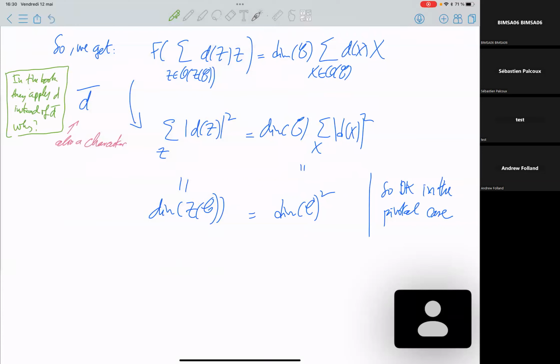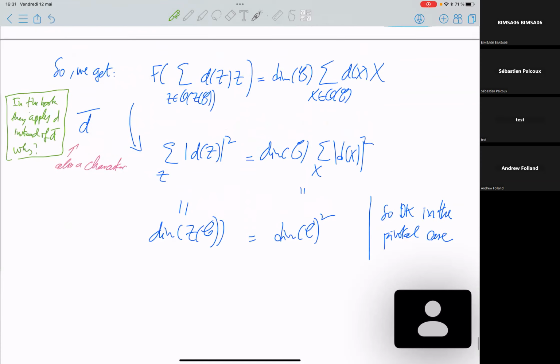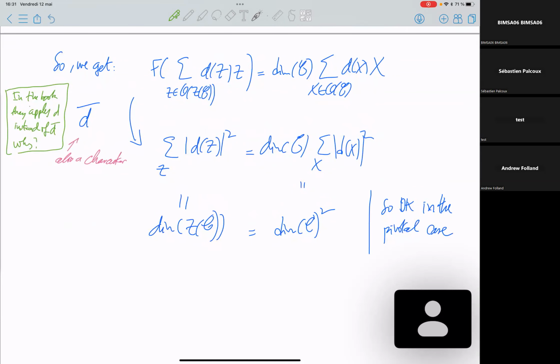Why? Because it's not spherical. If it is spherical, you can apply D because the dimension is real, d_Z equals d_Z star. But here, you may need to apply the conjugate. Okay.